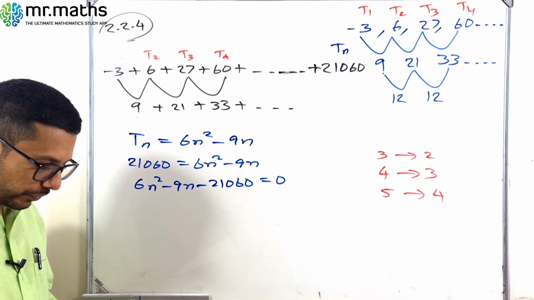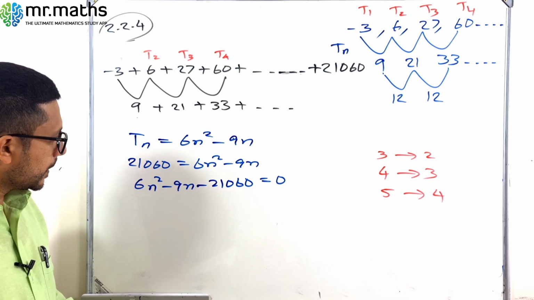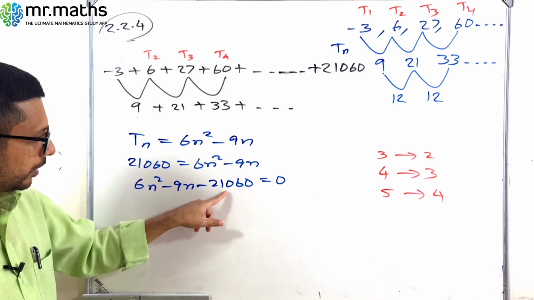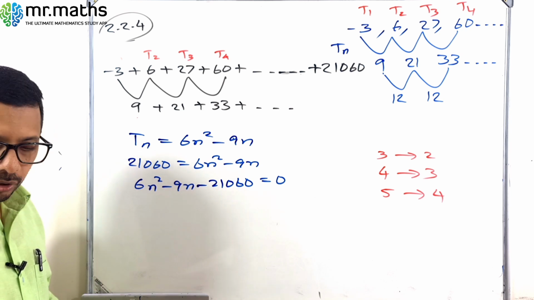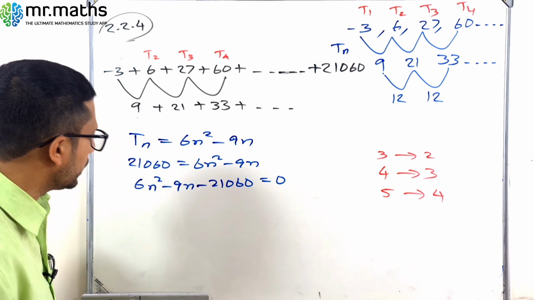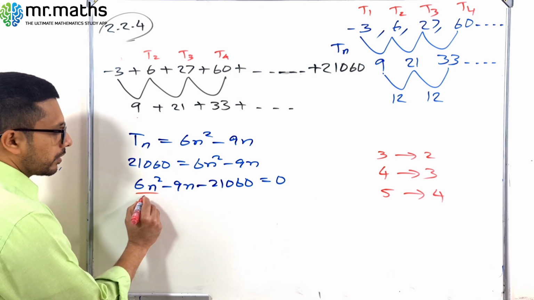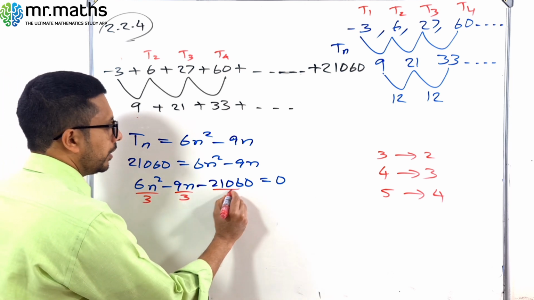Here all of these numbers are divisible by 3. So let's divide by 3, divide by 3, divide by 3.